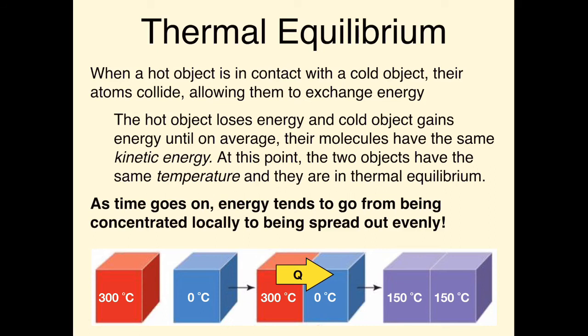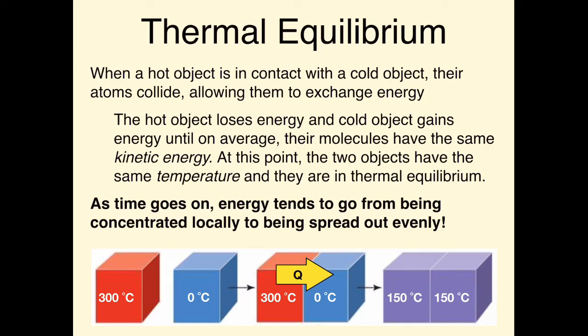They're randomly moving around. And so when you put the two objects in contact, those randomly moving atoms and molecules are colliding with each other. They're bumping into each other. And when atoms or molecules bump into each other, they exchange energy. In other words, you can exchange energy from one to the other.